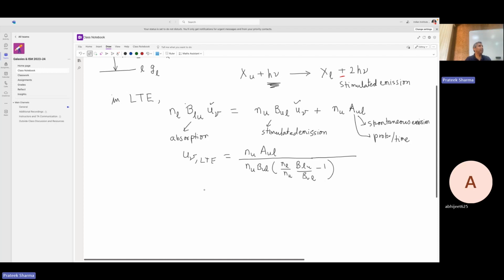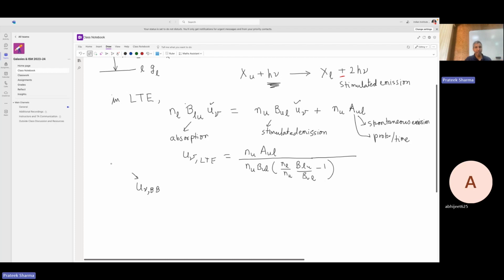Now we know the photon energy density for a black body. We know U_nu, the black body energy density. Always in radiation, you have to know what you're talking about. There are a lot of quantities like I_nu, the specific intensity. U_nu is related to specific intensity.